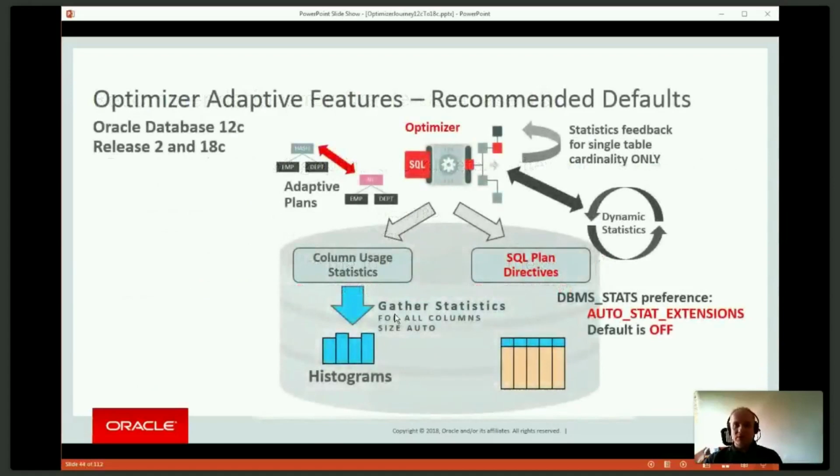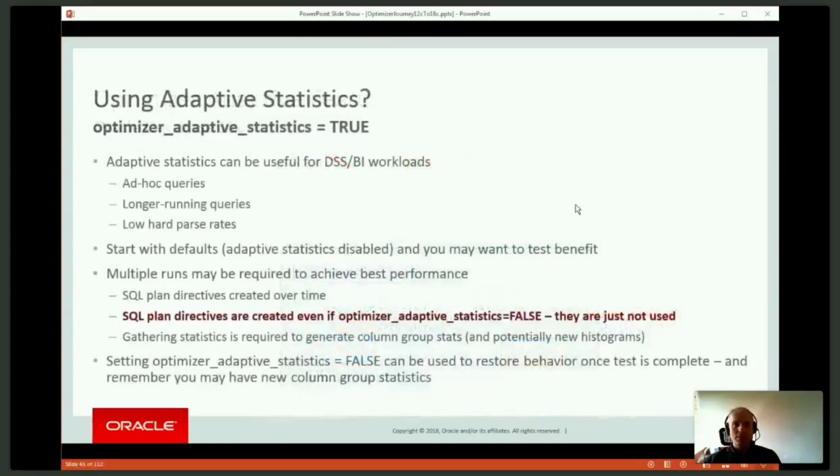This is what the recommended defaults look like. You'll have statistics feedback for single table cardinality, so it doesn't include the join feedback component. You will gather SQL plan directives. They won't be used to adjust statistics, and then you don't get this feedback loop either associated with higher parse times. What about using adaptive stats?